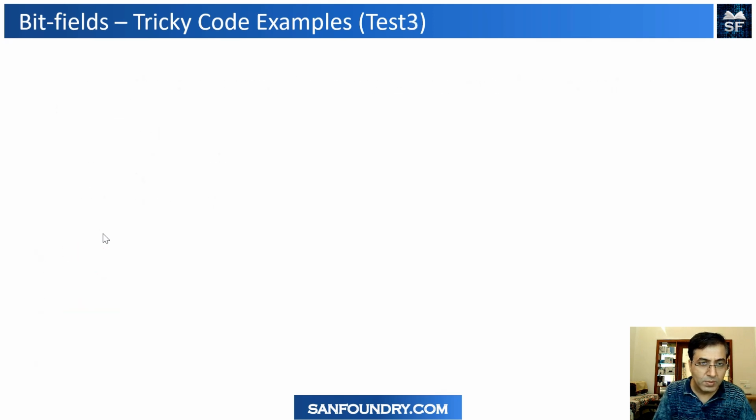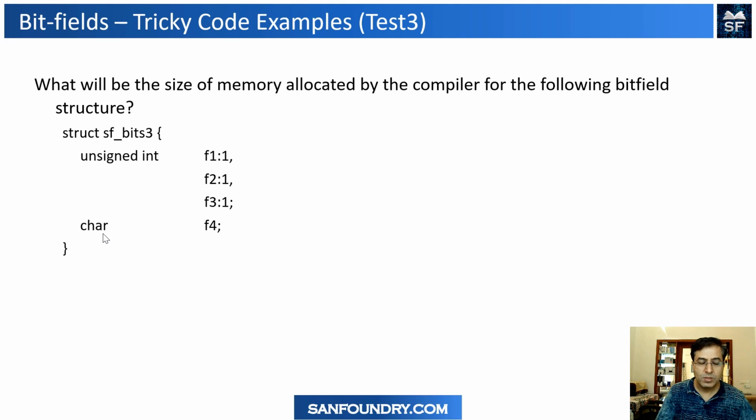The third one is again slightly more interesting. What will be the size of memory allocated by the compiler for the following bit field structure? In this case, we have an integer requirement: F1, F2, and F3, 1 bit each, supported by an integer.